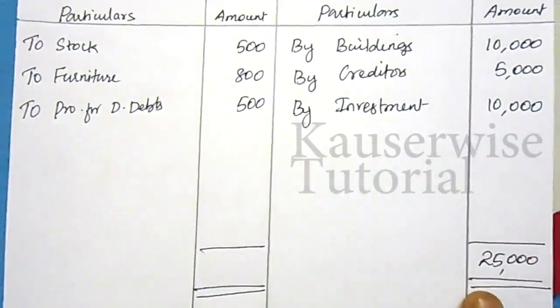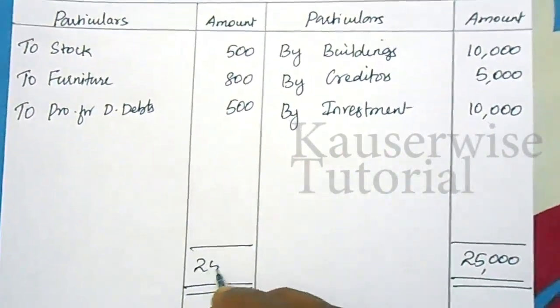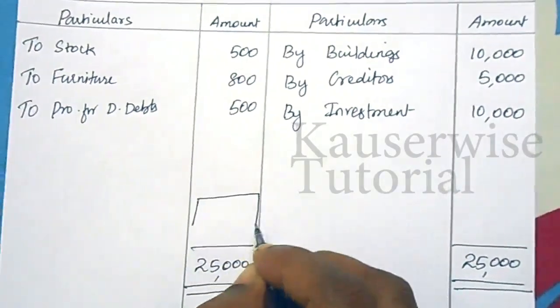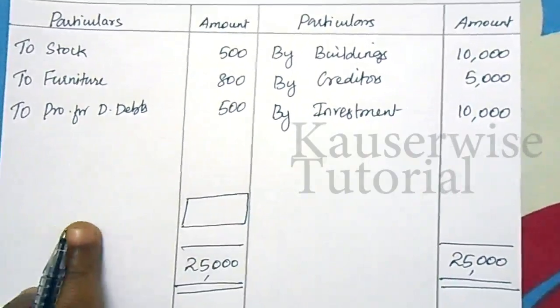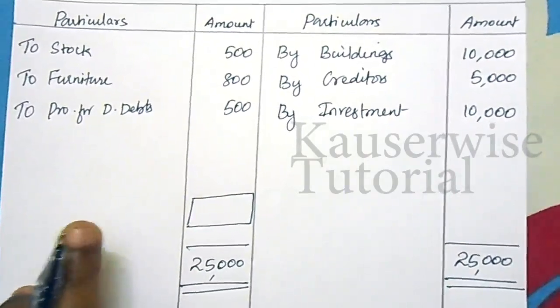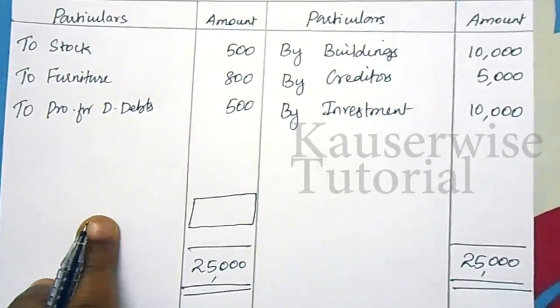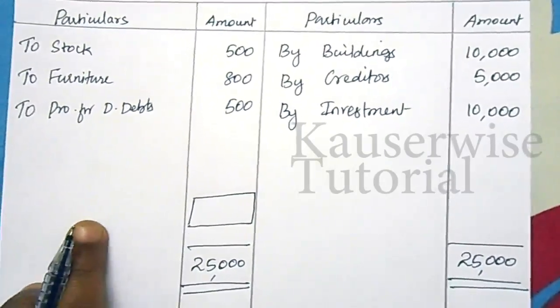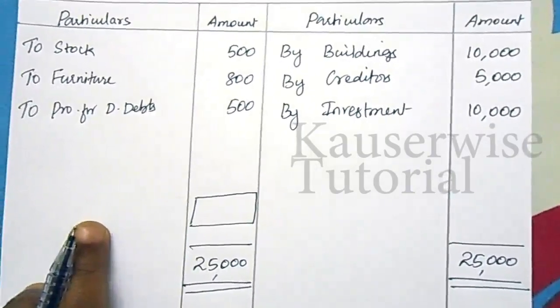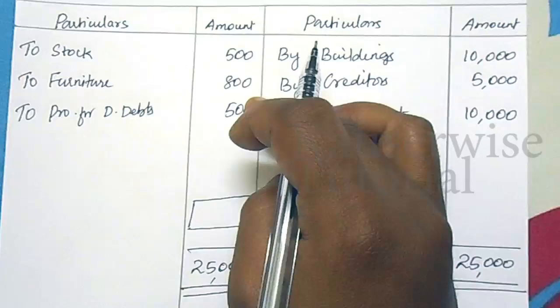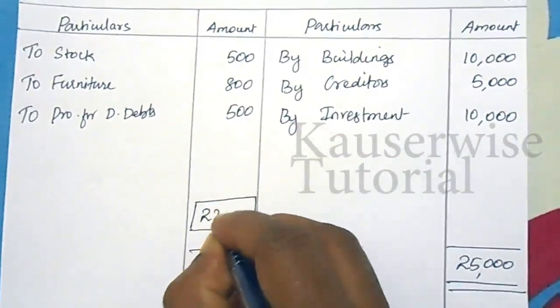Enter the same value under debit side also, 25,000. So here you will get the balancing figure. This balancing figure is called profit on revaluation of assets and liabilities. This will be transferred to old partners' capital account according to their old profit sharing ratio. So 25,000 minus 1,800 is equal to 23,200.